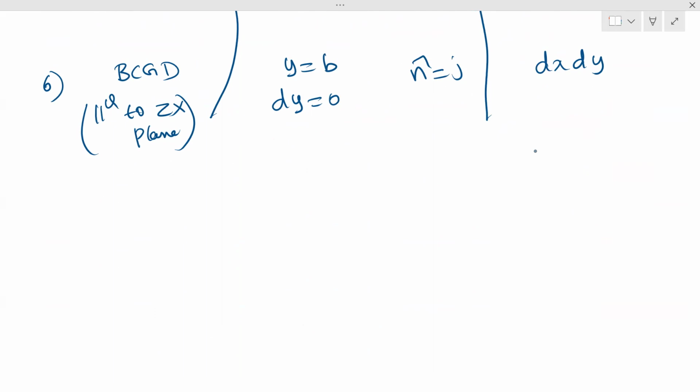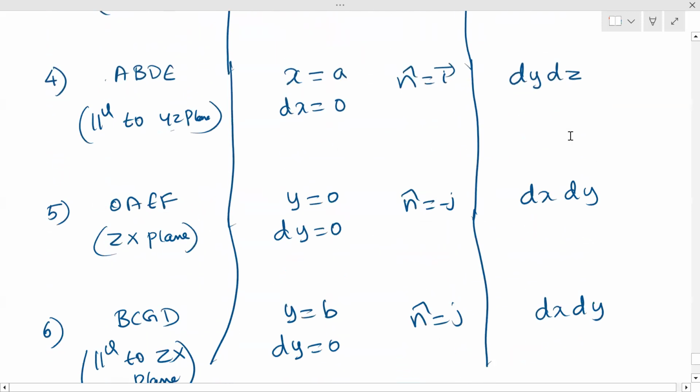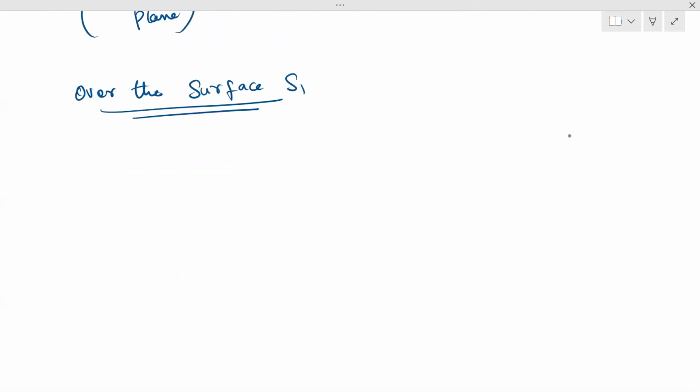Okay, the first surface, S1. So this is our S1, in the XY plane. First we can write F dot n cap.